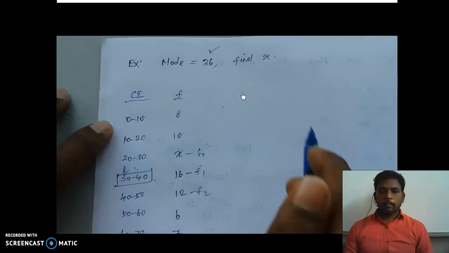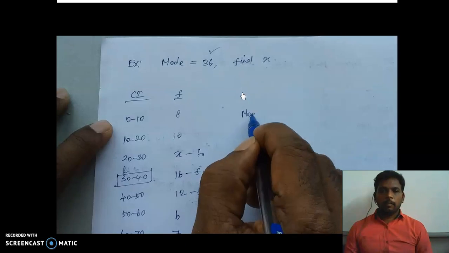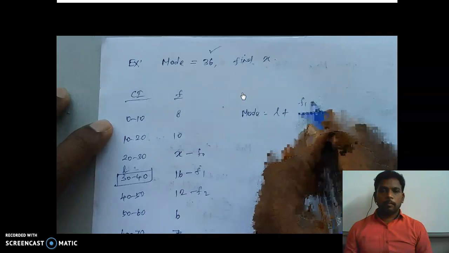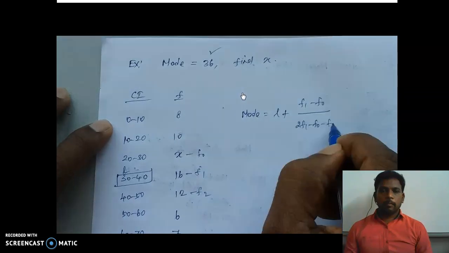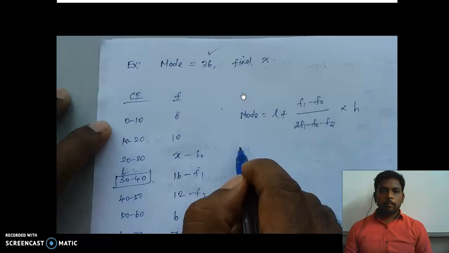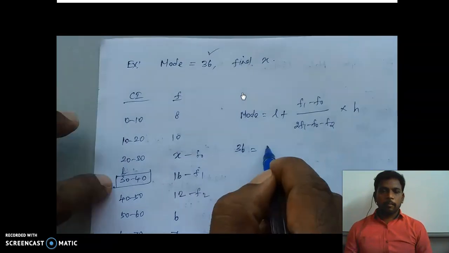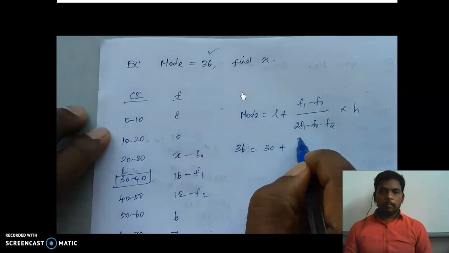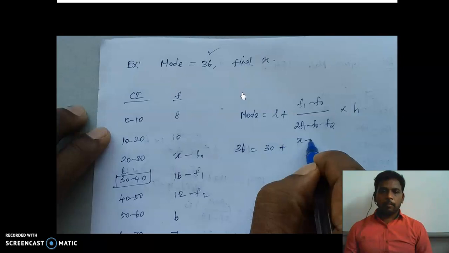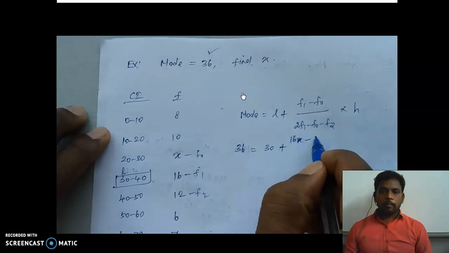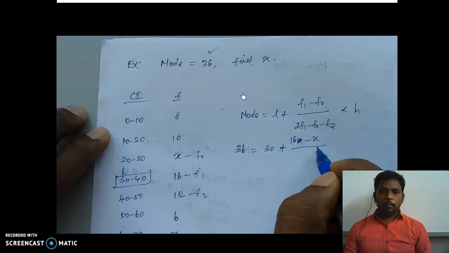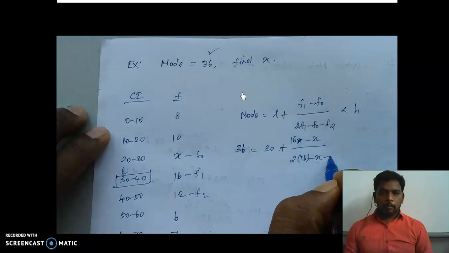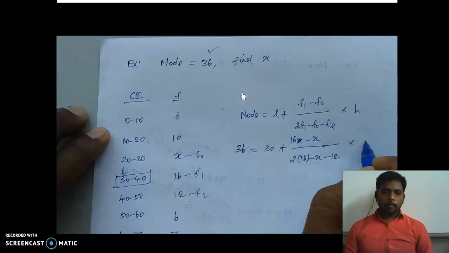Now write the formula and substitute. So mode equal to L plus (f1 minus f0) divided by (2f1 minus f0 minus f2), into h. So mode value 36 is given. The L value we found is 30, plus then f1 value x minus f0 value 16, divided by 2 into x minus 16 minus 12, into the class interval length 10.